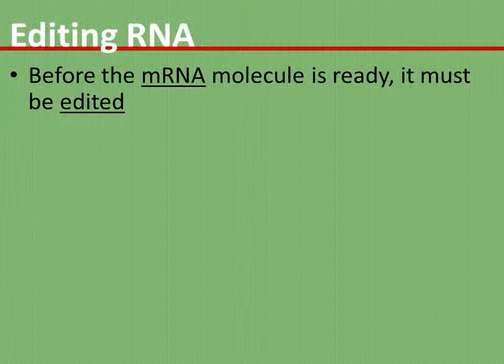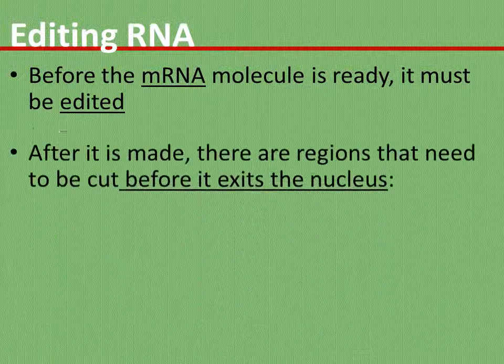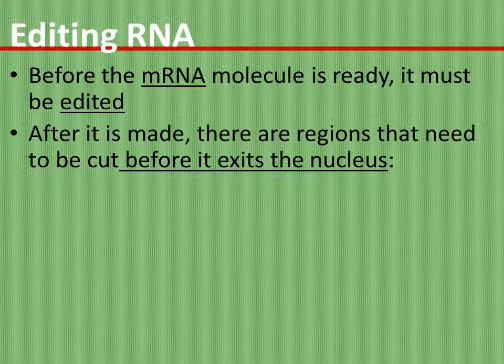Before you finish with transcription, the mRNA molecule has to be edited. It has to be fixed before it becomes the final version of mRNA. After it's made, you have two different things inside of that RNA molecule.